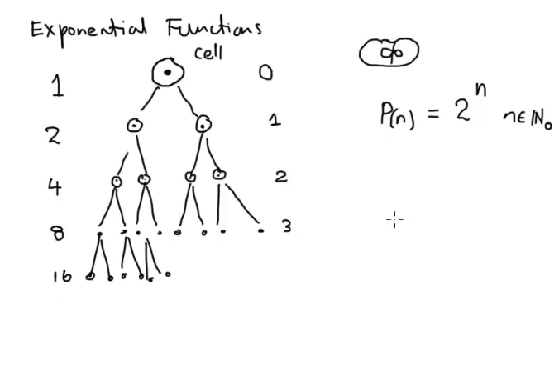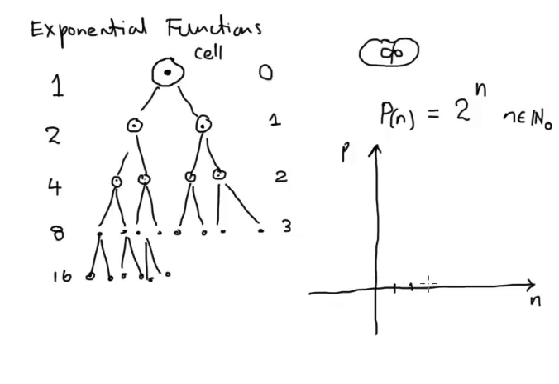It can be any other number. Am I making myself clear? Now, I hope you see also that if you try to make a graph for this function, the graph will tell you actually what's happening to the population.